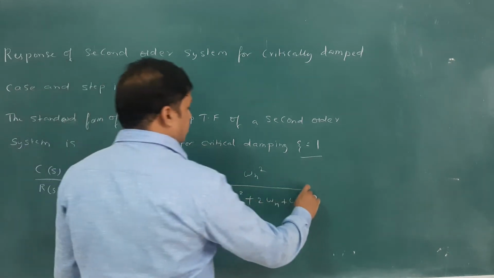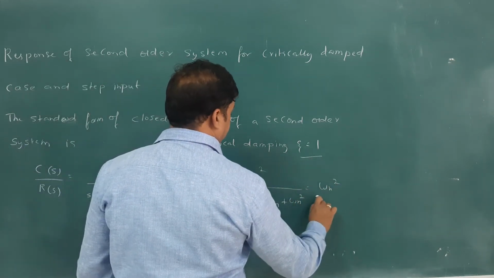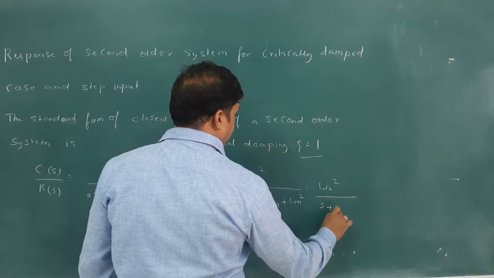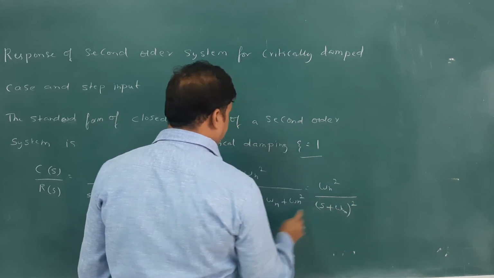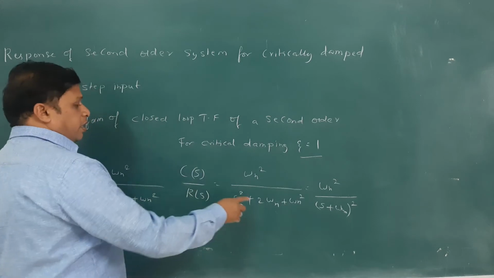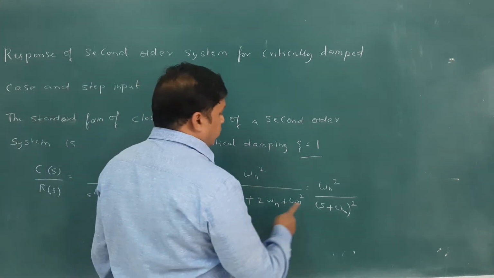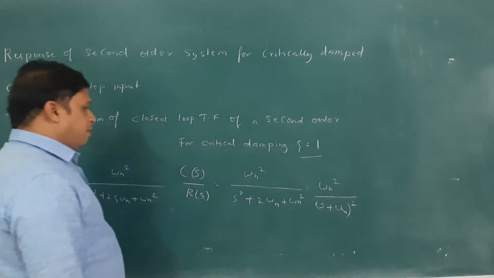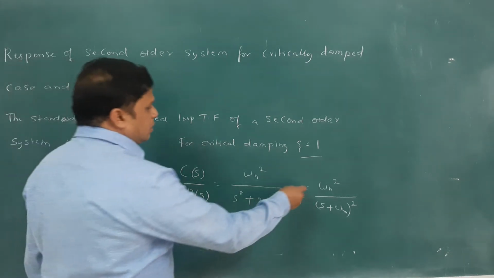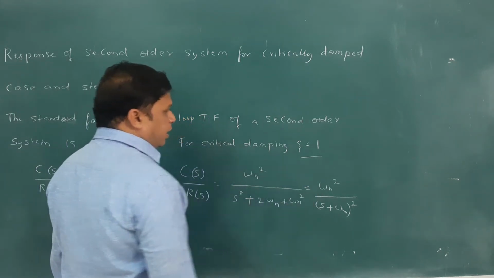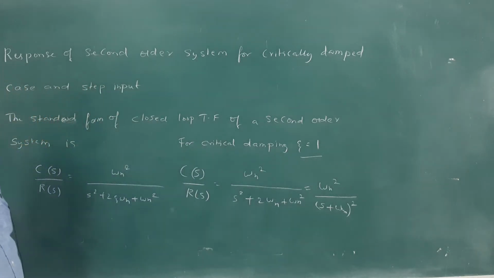So, it can be written as omega n square divided by s plus omega n whole square, because we kept zeta equal to 1, so it becomes the form of a plus b whole square. After writing this equation, we do the partial fractions and find the values of A, B and C, and then we substitute them and get the equation that is represented in the graph.